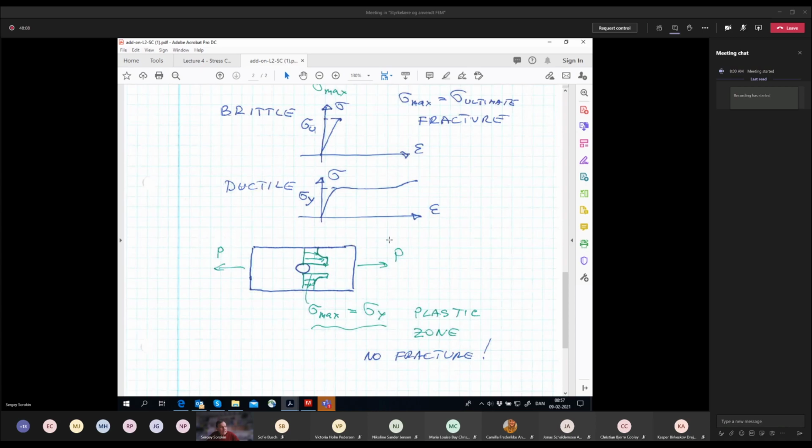This specimen may become maybe 30% longer than it was before, which means it's not functional anymore. But there will still be no crack. The crack will be only if you go beyond this level. If you go beyond this point, then you'll have necking here, and then you'll have a fracture. But this is something which is not allowed in real life, of course.